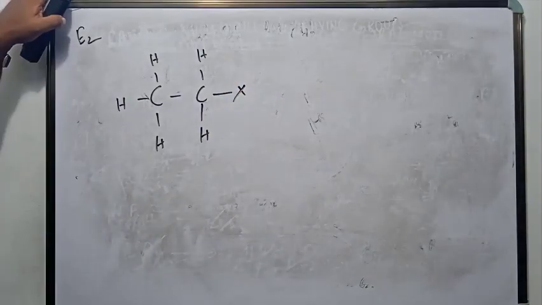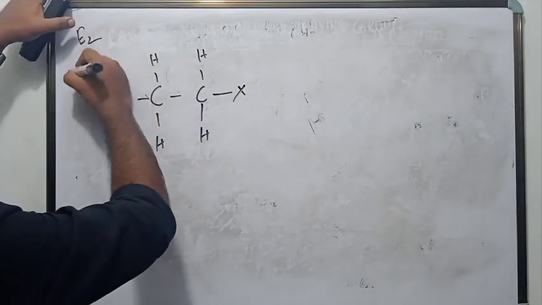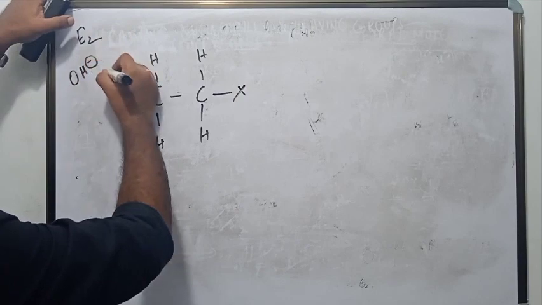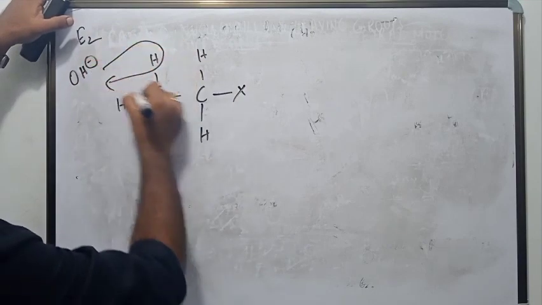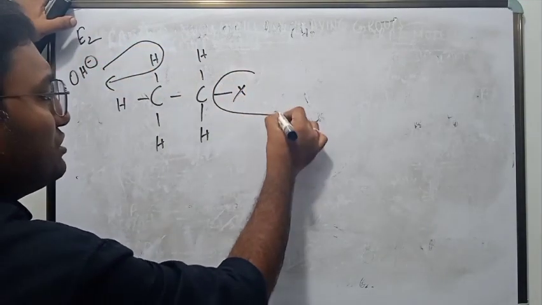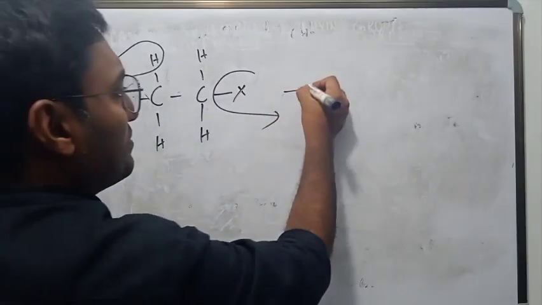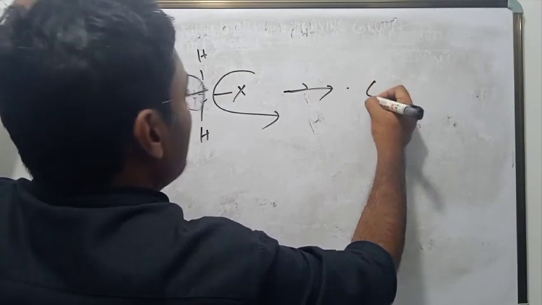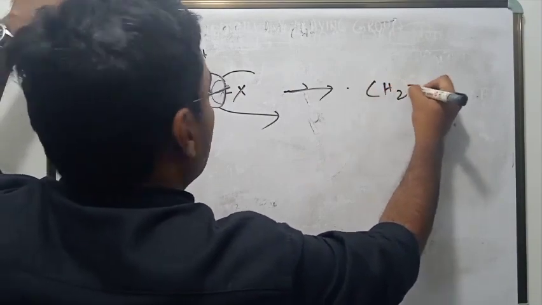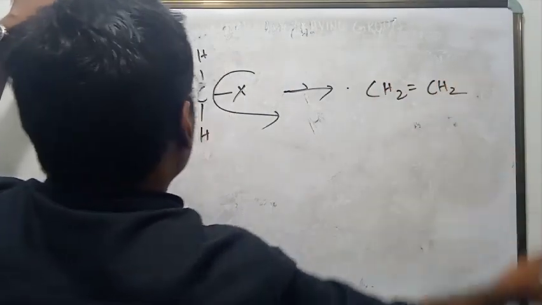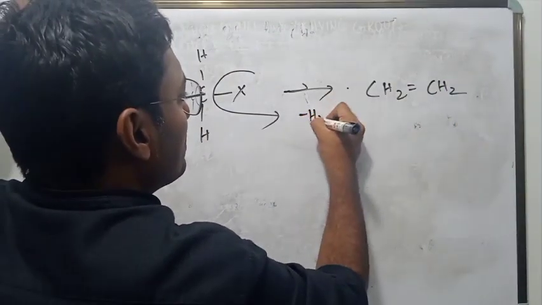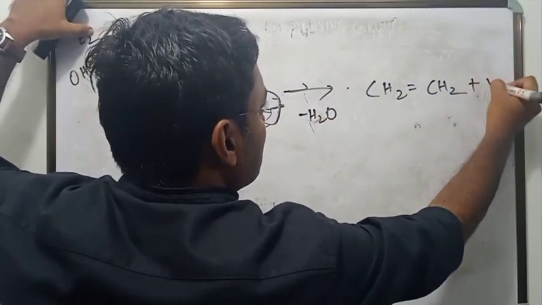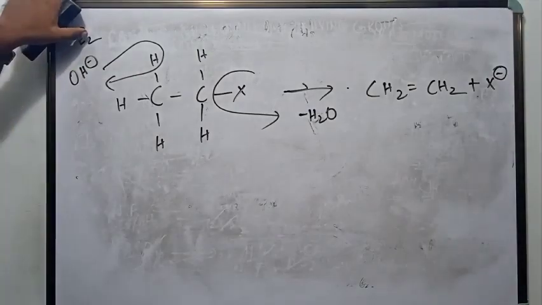Now OH minus has to abstract a proton, and X minus also has to go at the same time. So you get something like this: CH2 double bond CH2, and of course H2O will go, and you will get X minus. This is E2 reaction, correct?